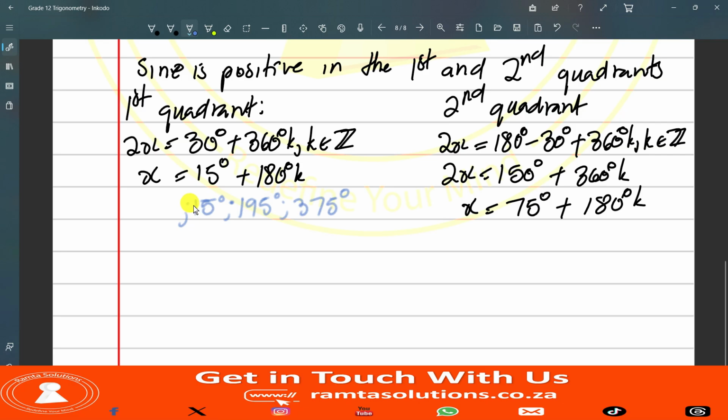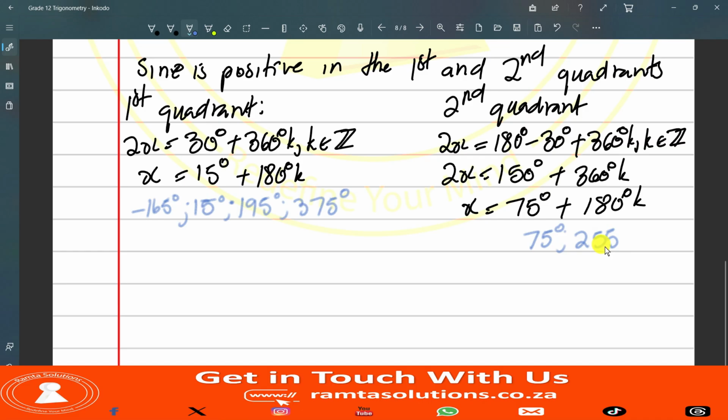What if I want to get a term before 15 degrees? For that term, I will have to subtract 180 from 15. All right. So I will say simply 15 minus 180, which gives me negative 165. Now, let's come to this one here. I can take the 75 degrees. And if I want to get the next one, I will say 75 plus 180, which gives you 255 degrees.